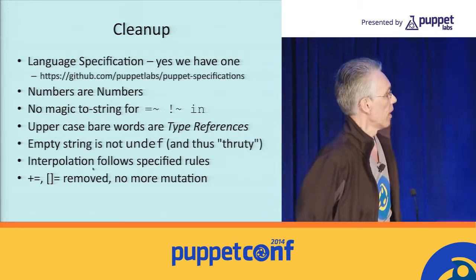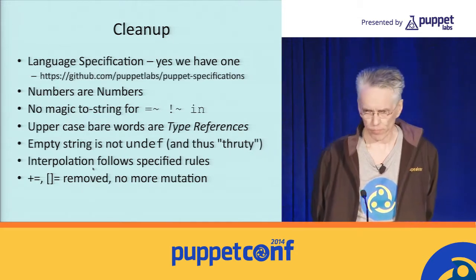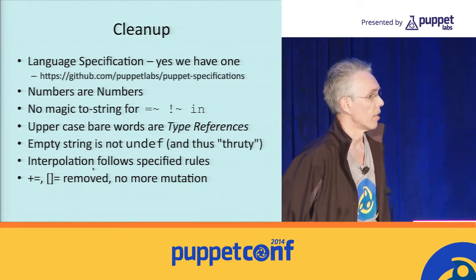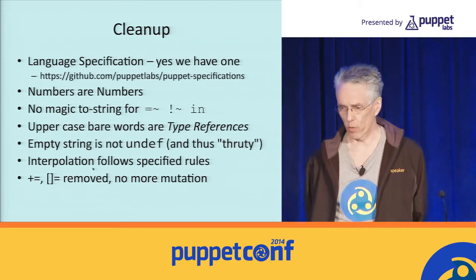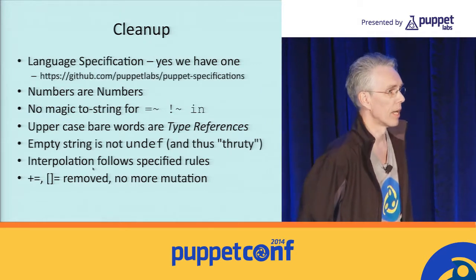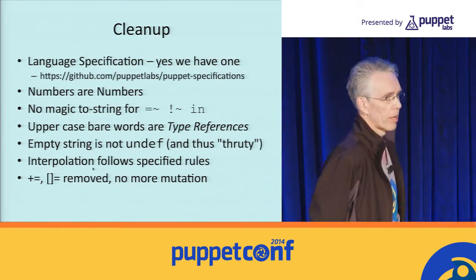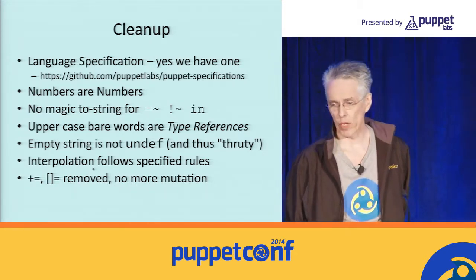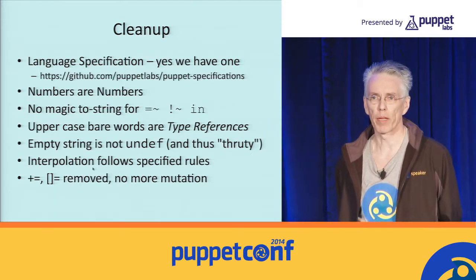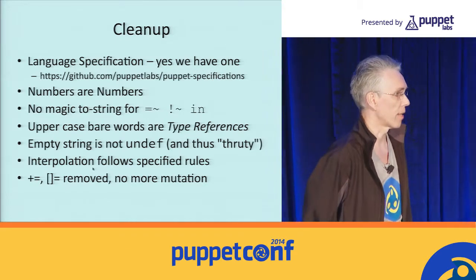We have this in a repository, and you see the URL there. If you really care about the language, we very much appreciate people reading this, asking questions, finding typos, or noting when we've done something wrong, because this is what guides us when we're implementing the language, what is right and what is wrong.